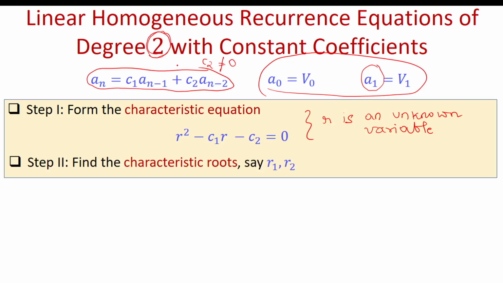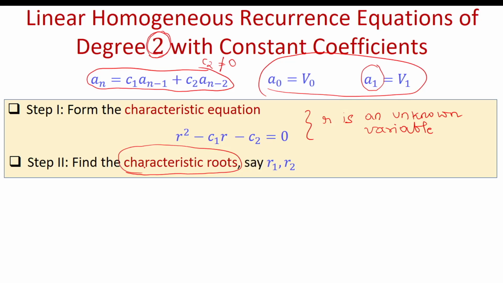Okay. Now, since this is a quadratic equation, we will have two roots for this equation. So I call those roots r1 and r2. And those roots are called characteristic roots because they are the roots of this characteristic equation.